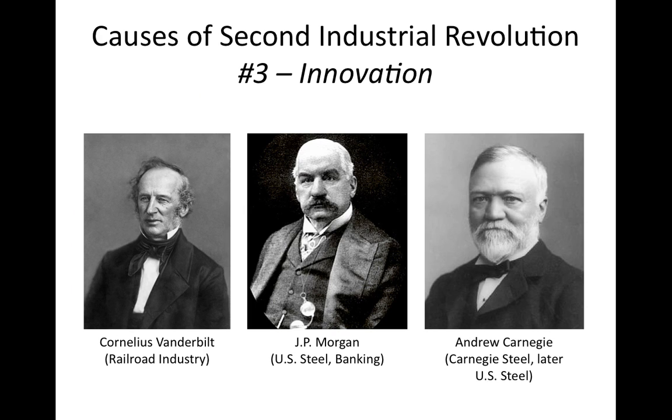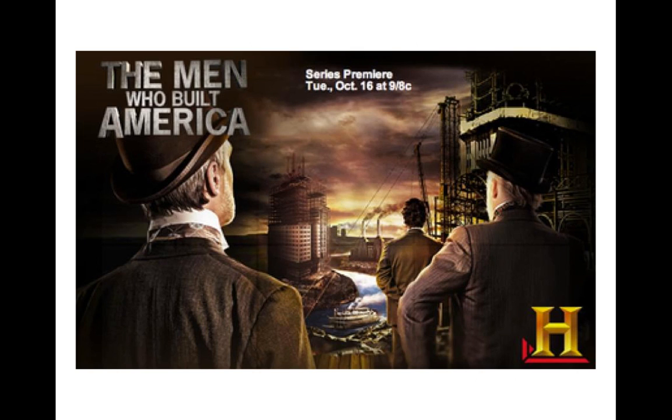That's Vanderbilt on the left, who made his millions in the railroad industry. There's J.P. Morgan in the middle, who made his millions in steel and banking. And then there's Andrew Carnegie, who also made his millions in steel. These are people who all practiced that new innovation of horizontal and vertical integration to create these giant businesses and dominate the market in a certain product.